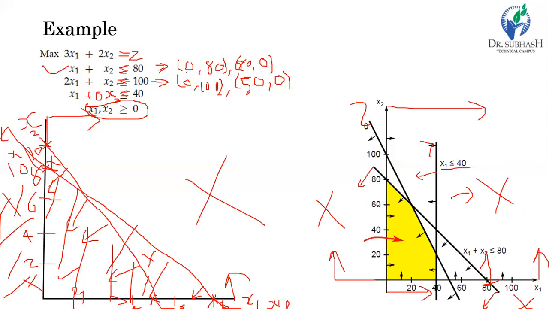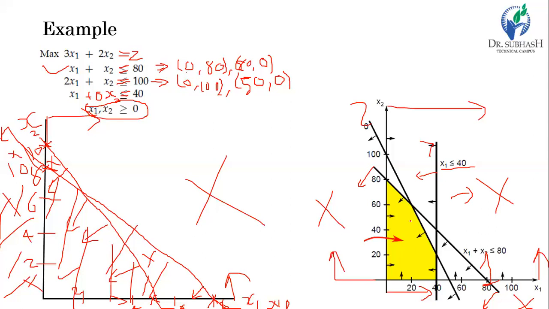Here the area highlighted with yellow color is called the feasible region, because all the feasible solutions will lie in this region only. If you recall the definition, a feasible solution is a solution which must satisfy all the constraints as well as the non-negativity constraints simultaneously.